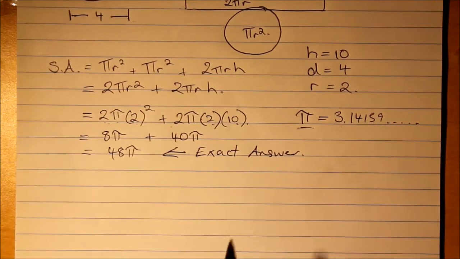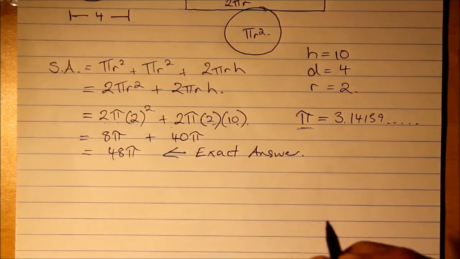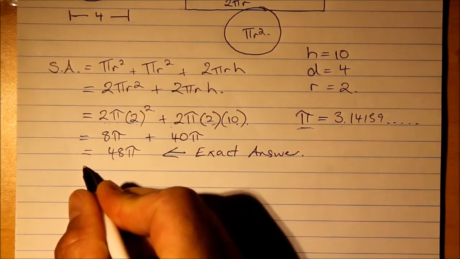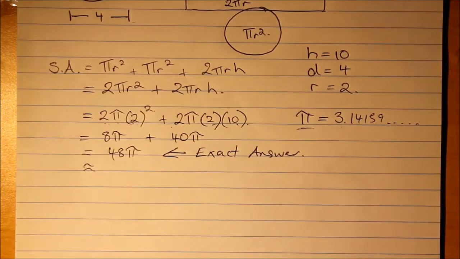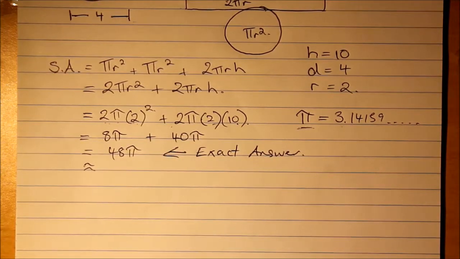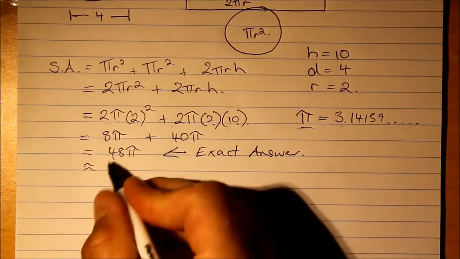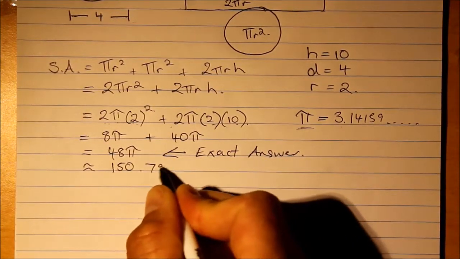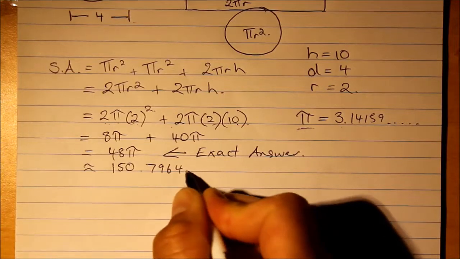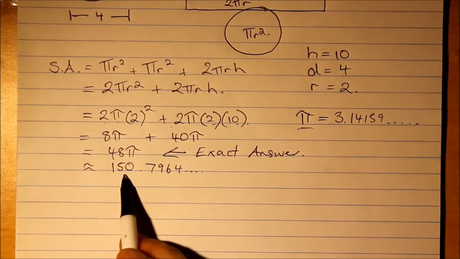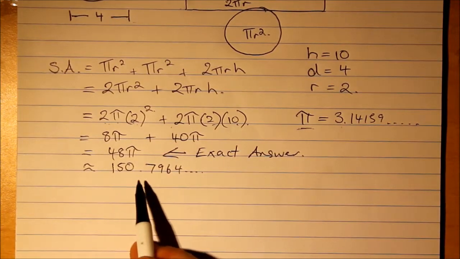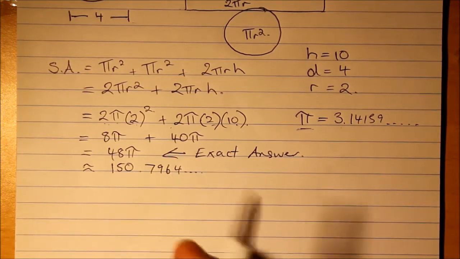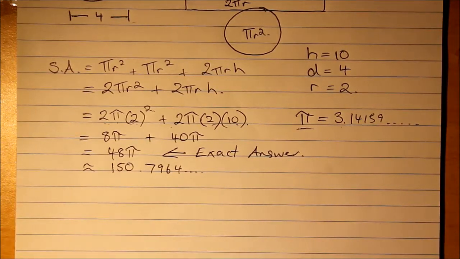We're going to expect an answer of about 150. So what do we get approximately? Let's write it out. 48 times pi. Well, when you see a number like this, and it's pretty spot on to what we're expecting, you know you've done the right thing.